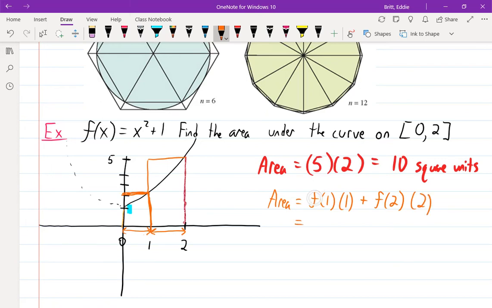Alright, no, the width is not 2, is it? Did I just lie to you? What's the width? The width is 1. The width is constant because we divided it in half.